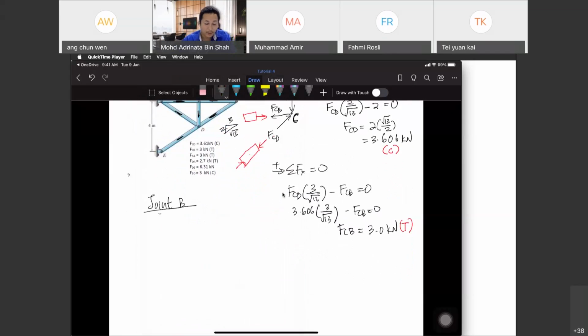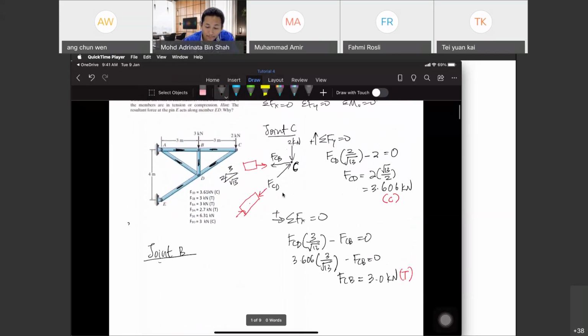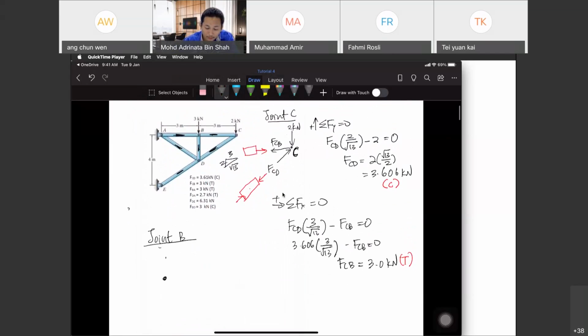Now we look at joint B. At B we have 3 kilonewton from FCB. Remember, this is C and this is B, so BC is in that direction.